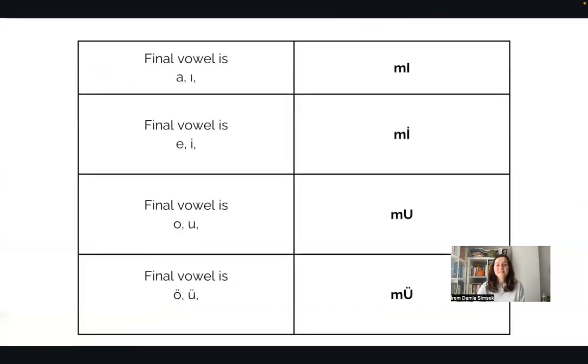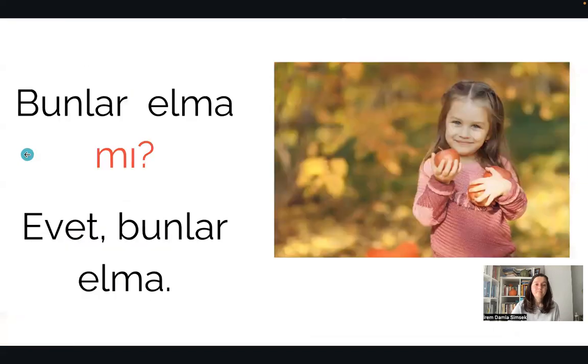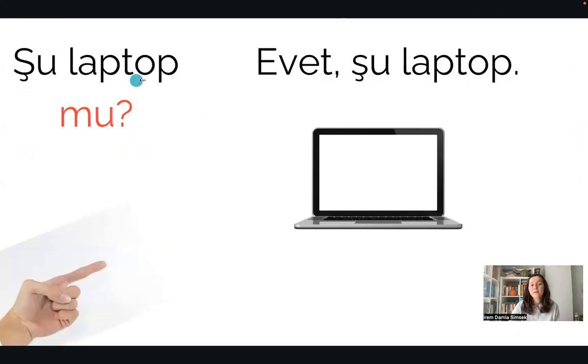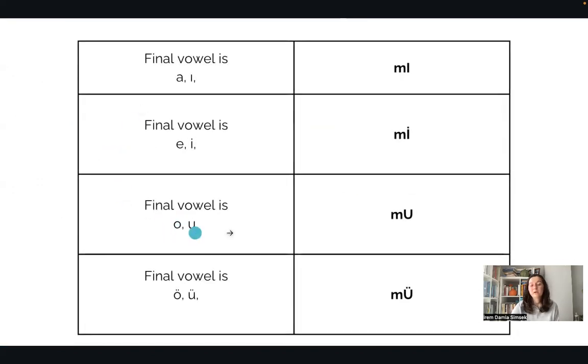Hadi bakalım. So in this table, look here. You have to concentrate on the final vowel. So if the final vowel is O, you have to make the question with mu. As you see on the table, there are only 4 alternatives, 4 options.